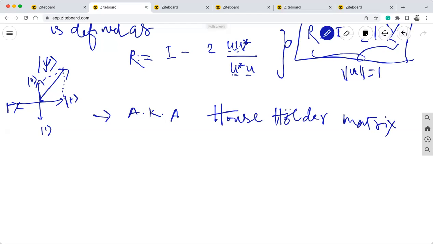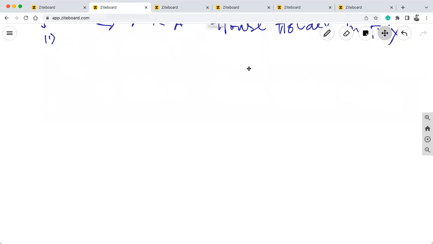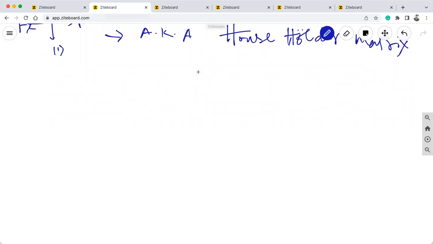So what effectively we are doing is that earlier we had some vector u. Maybe it's a unit vector here. You may take some arbitrary vector as well, and there is a plane, which is the u perpendicular plane.